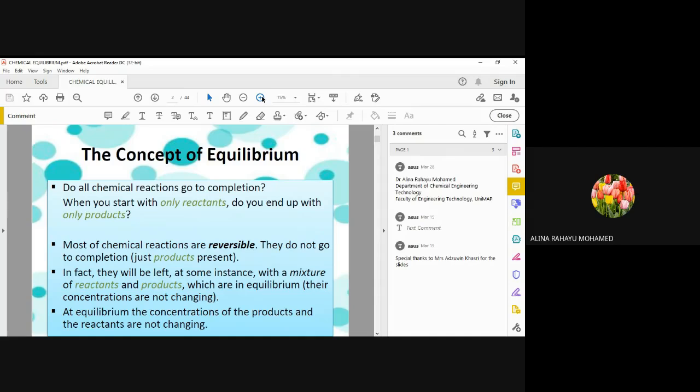So, at a certain time of the experiment, we could have a mixture of both reactants and products, and they are in equilibrium. At equilibrium, the concentration of the products and the reactants does not change.